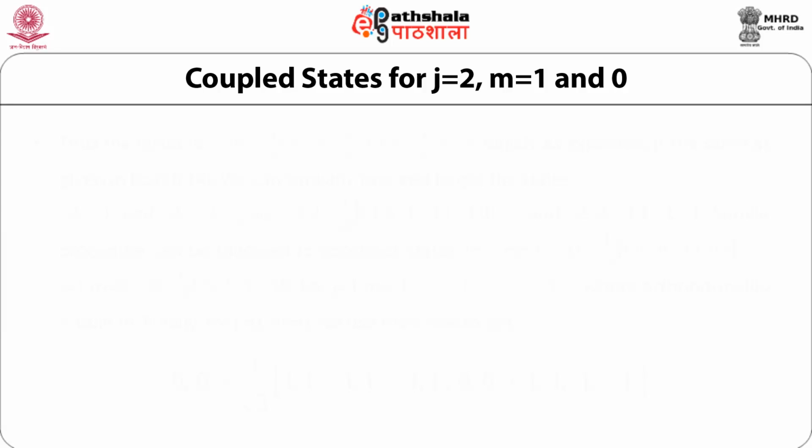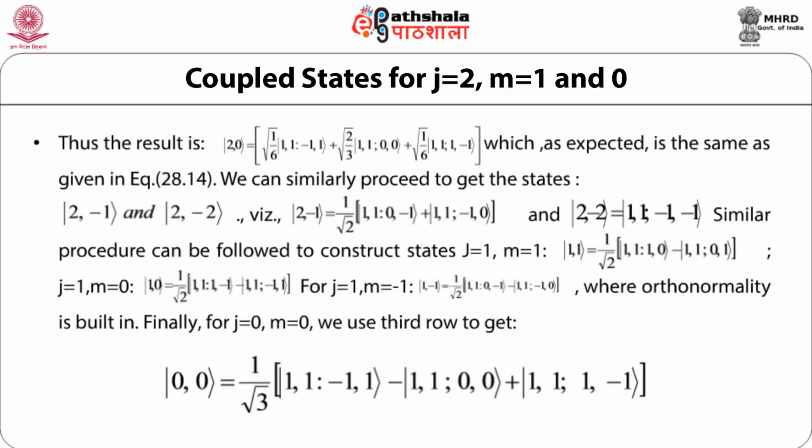And we can write down the result for these states as the coupled state 2, 0 is equal to bracket open under root 1 by 6 times the state 1, 1 and minus 1, 1 plus under root 2 by 3 times the state 1, 1 and 0, 0 plus under root 1 by 6 times the state 1, 1 and 1, minus 1. And these correspond to the three states that we discussed above.